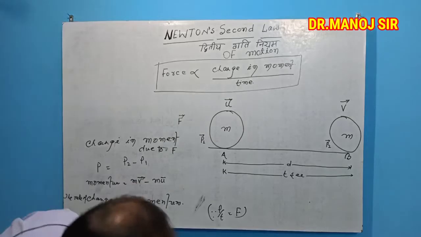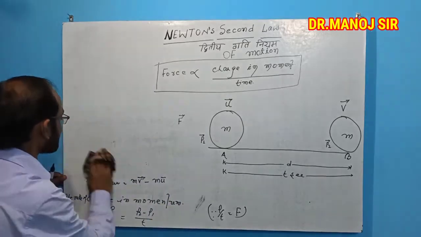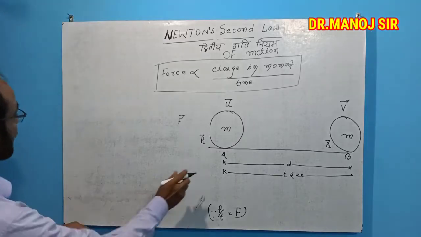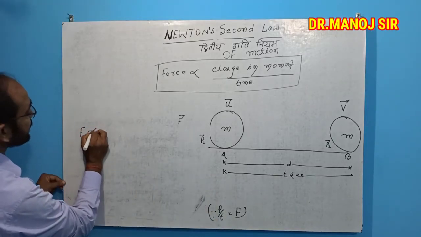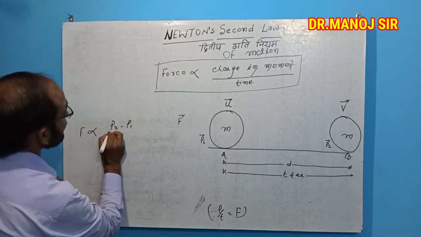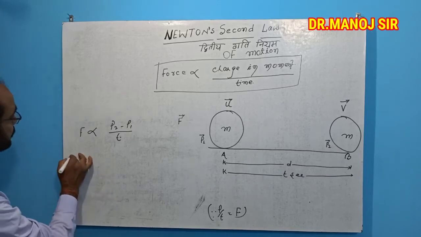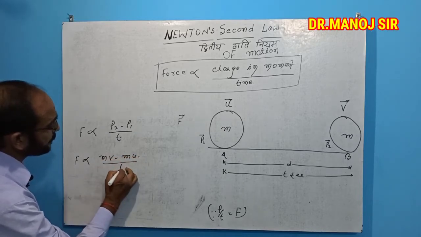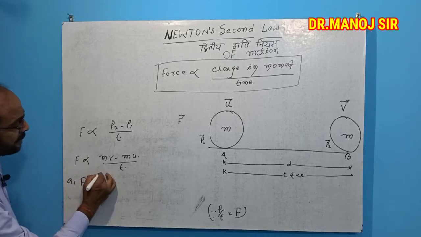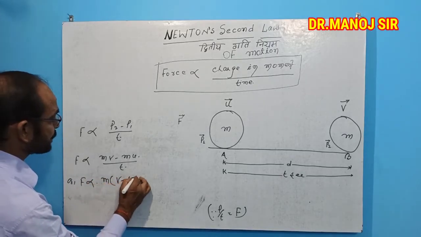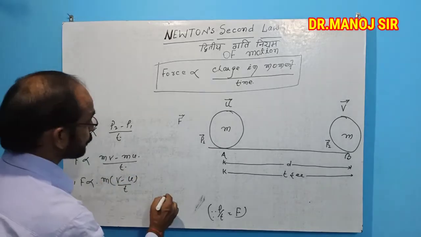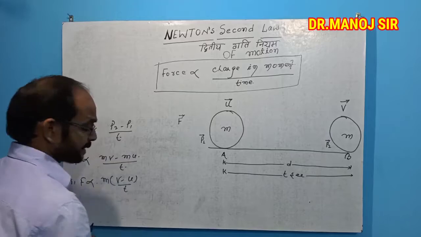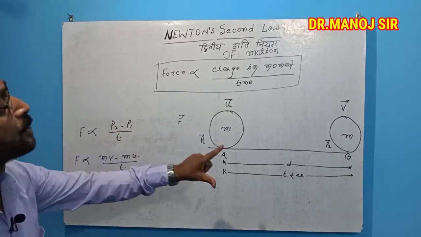Therefore, we may write here that change in momentum is directly proportional to the applied force, hence F varies as P2 minus P1 by T, or F varies as mv minus mu upon T, or F varies as m(v minus u) upon T. We know that acceleration of a body is the rate of change in velocity.